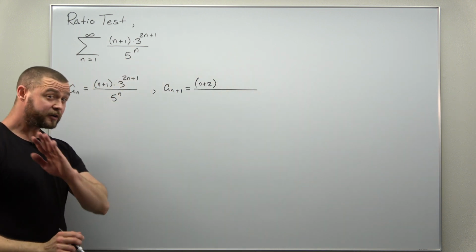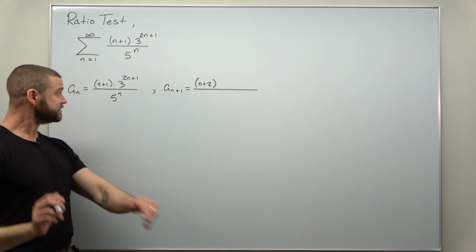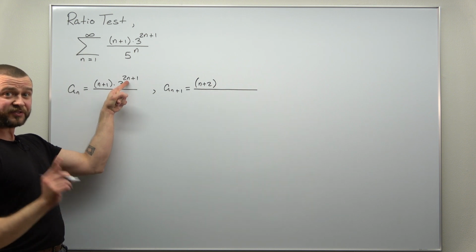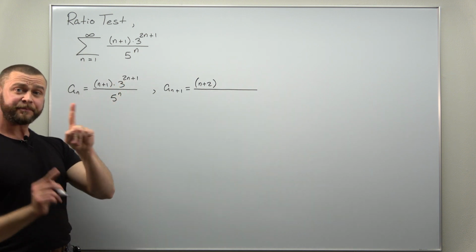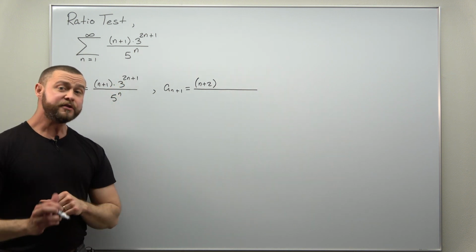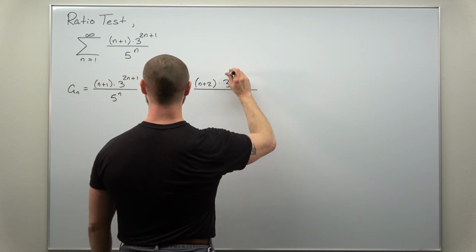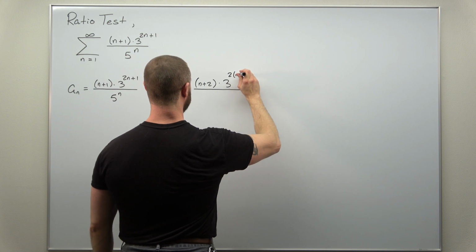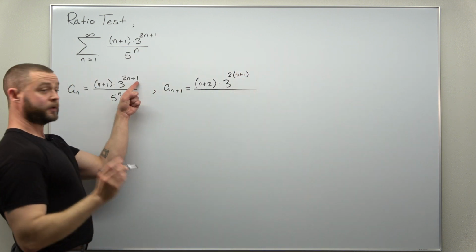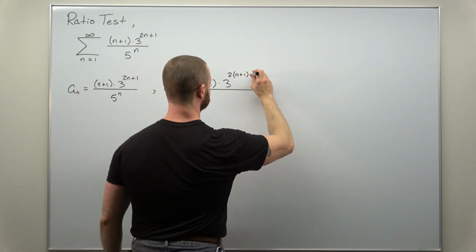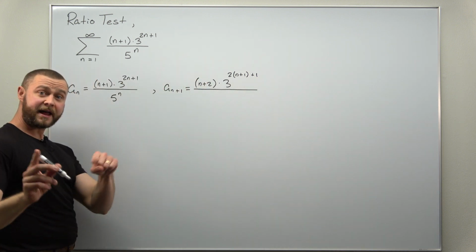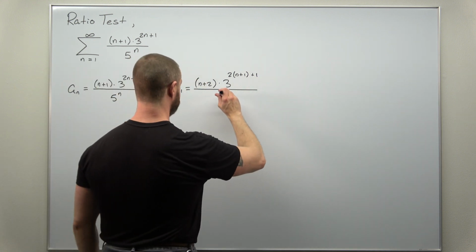All right, I'm not going to try to do too much work at once. I'm literally just going to replace that n in the exponent of 3 with n plus 1, and I'm going to use parentheses. So we'll write that as 3 raised to the 2 times n plus 1 plus 1. And then in the denominator, we're going to have 5 raised to the n plus 1.